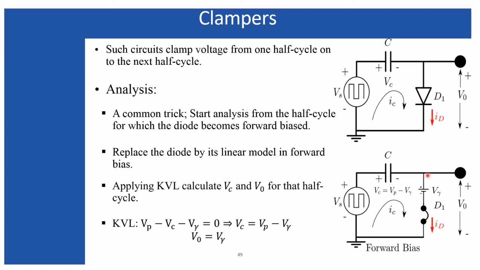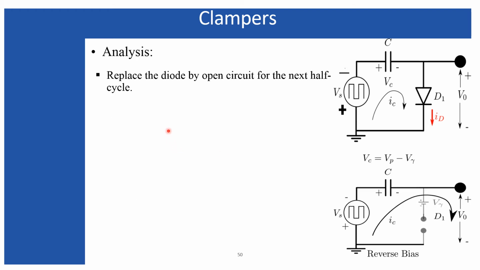But if you replace this non-ideal diode by its ideal equivalent, the output voltage will obviously be 0 for the positive half cycle, and for that case the capacitor Vc is going to store the entire input voltage, because V gamma will be 0 for the ideal case. Now consider the negative half cycle, and for the negative half cycle I am replacing this diode by its ideal one, that is, I am considering it an open circuit. It is completely an open circuit. This is for the sake of simplicity.